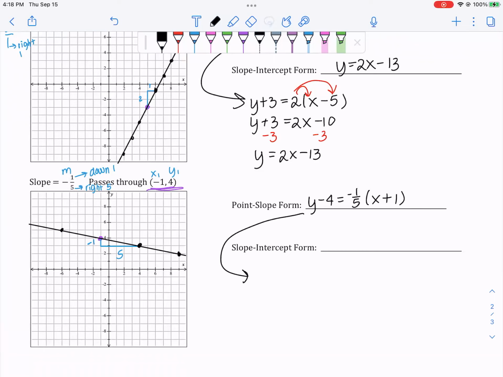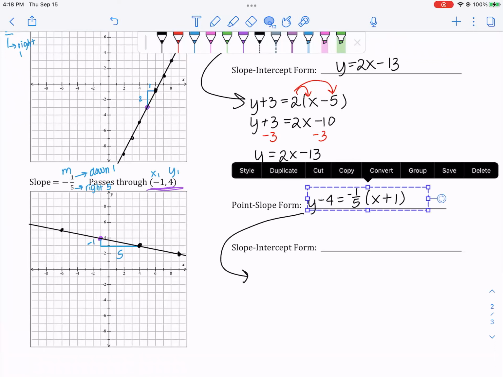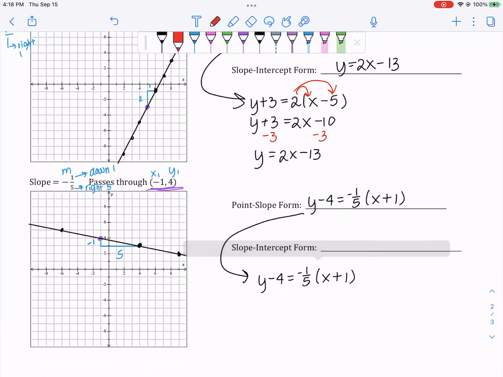In slope-intercept form, distributing that negative 1/5, we have y minus 4 is equal to negative 1/5 x minus 1/5.